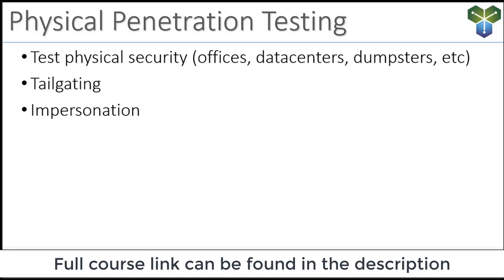Another penetration test for physical facilities is impersonation. And in my personal experience, these are two of the tests that are failed most often: tailgating and impersonation, because people tend to want to be nice and friendly, and they don't want to be rude.